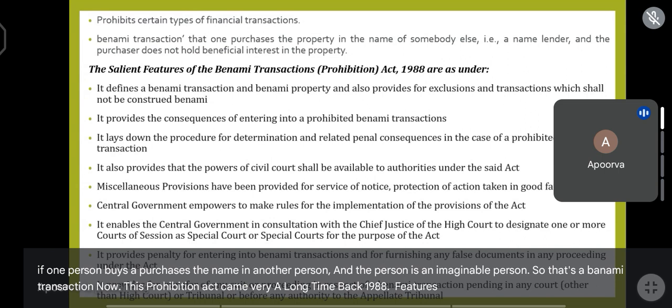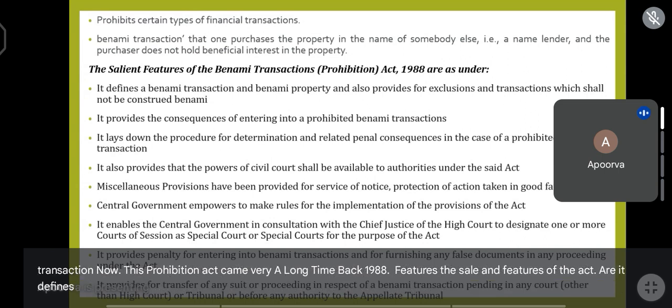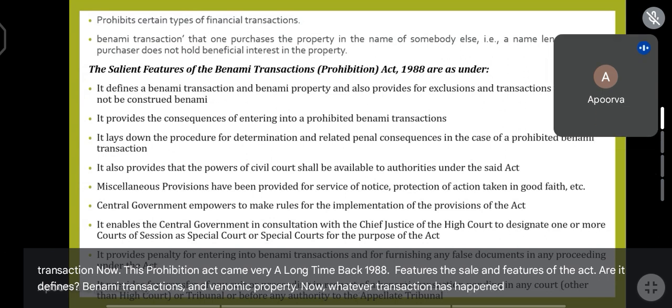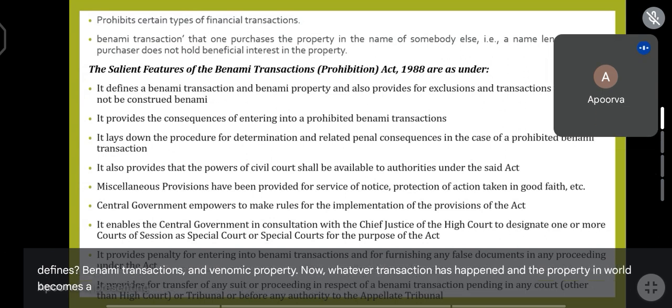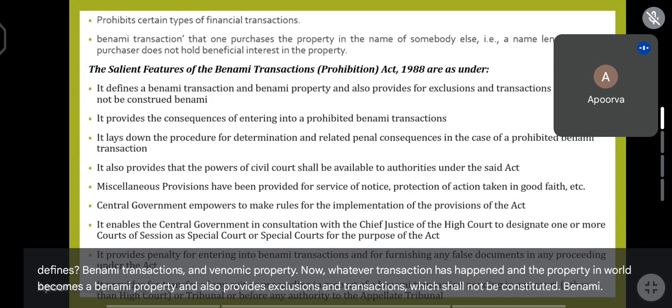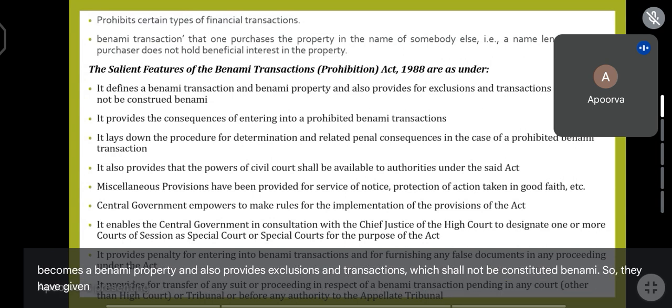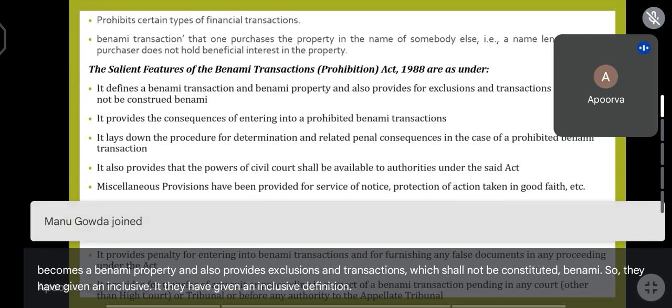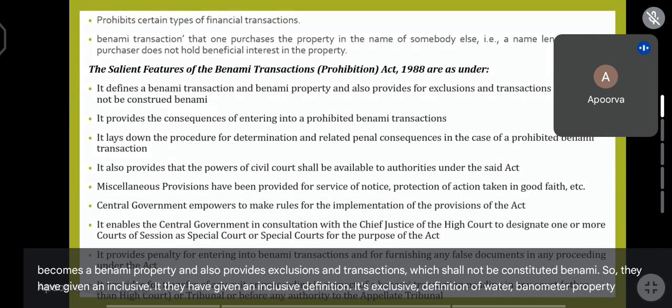The salient features of the act are: it defines Benami transactions and Benami property. Whatever transaction has happened and the property involved becomes Benami property, and it also provides exclusions, transactions which shall not be constituted Benami. So they have given an inclusive and exclusive definition of what a Benami transaction is.